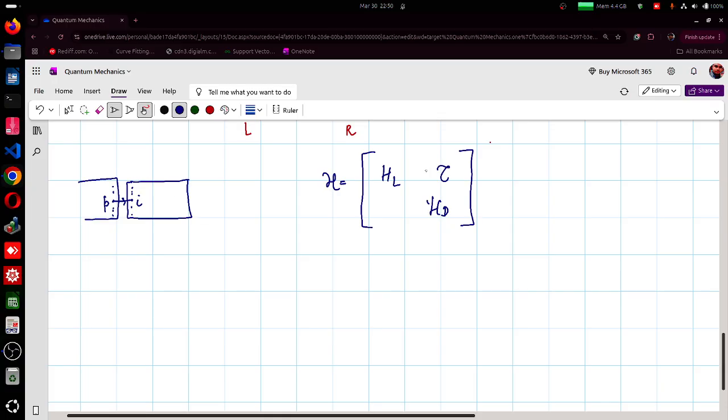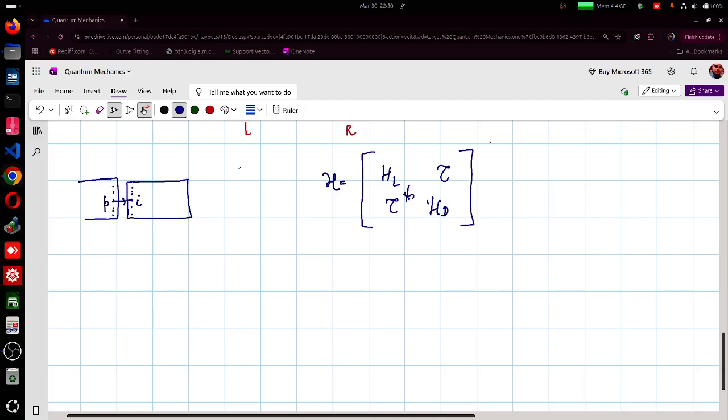If I denote this to be tau, for making it Hermitian, it should be tau dagger, right? This is our basic Hamiltonian. The Hamiltonian matrix itself is composed of submatrices HL, HD, tau. Here HL and HD are square matrices, but tau are rectangular matrices, right? Because the dimension of the lead and system may vary.